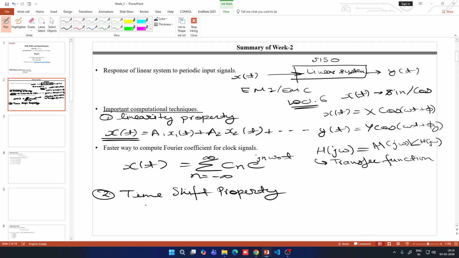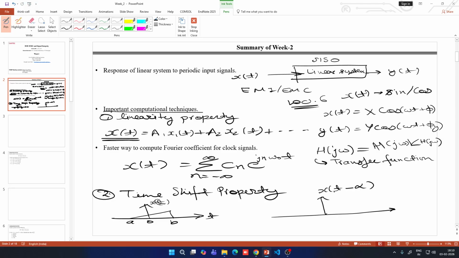It states that if this is a signal with points A, 0 and B, its maxima is happening at time B, and if we shift it in the time axis by minus alpha, the signal will be shifted. Now it will become something like that.